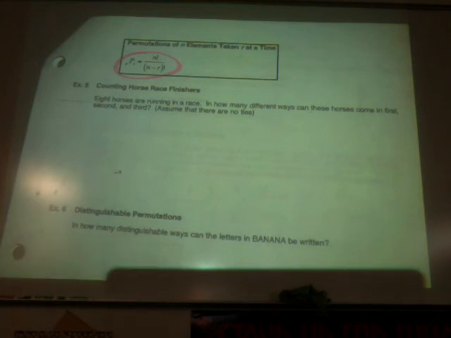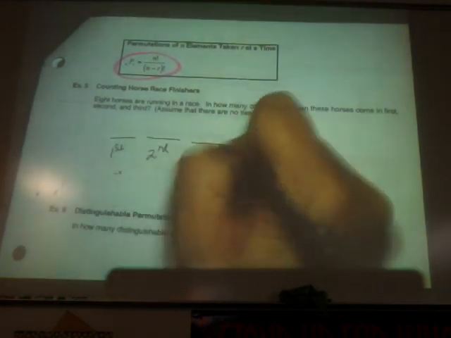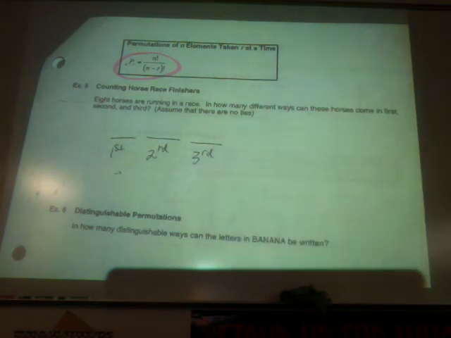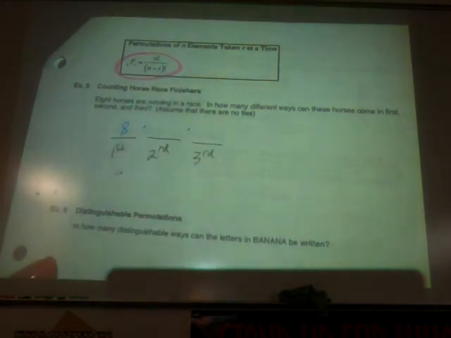Now we could do the permutation as we have it up there, but let's think about this. The shortcut would be I've got first place, second place, and third place, right? How many horses are available to place first? 8. Once I get a horse that crosses the finish line, how many horses do I have that can place second? 7.